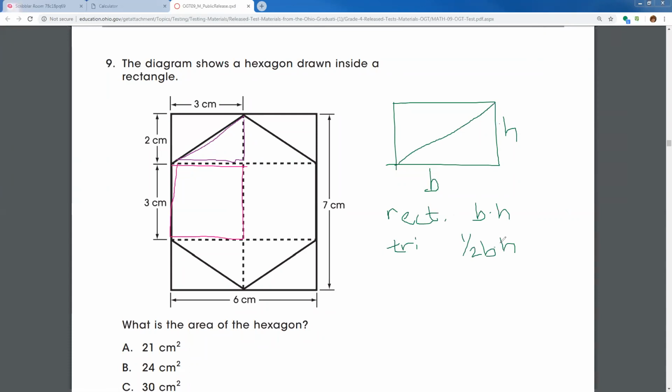So when we look at our triangle, the base would be this line here at the bottom. So what is the base of that triangle and what's the height of the triangle? What numbers are we going to use inside that formula?